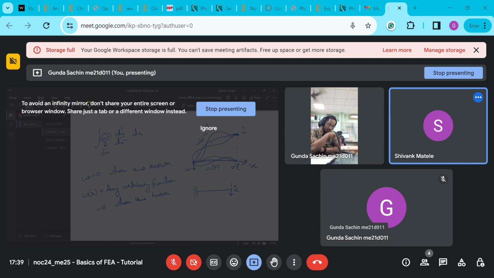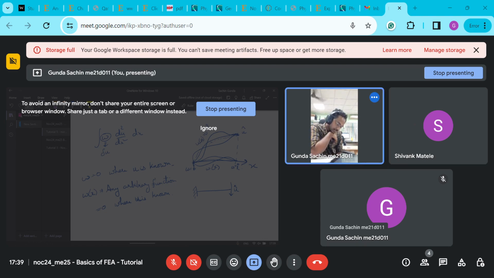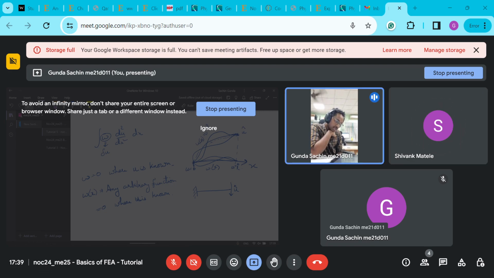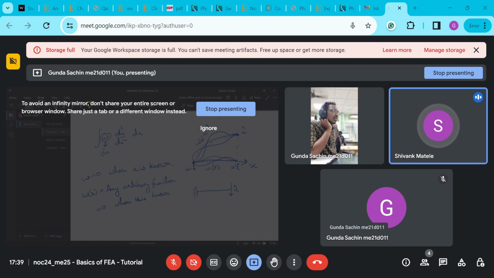Before moving to the last point, one thing: we make weight functions, which means we make the weighted error equal to zero, right? Why do we go for weighted error?